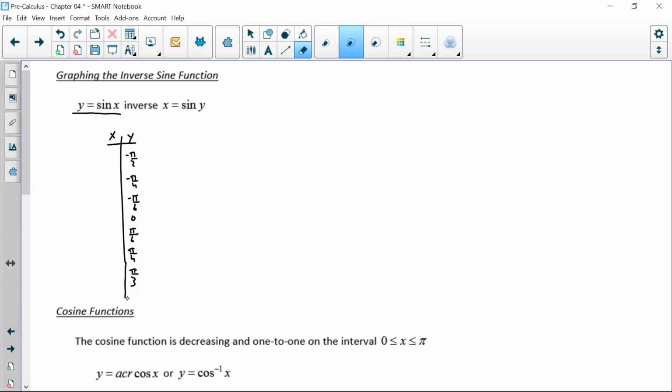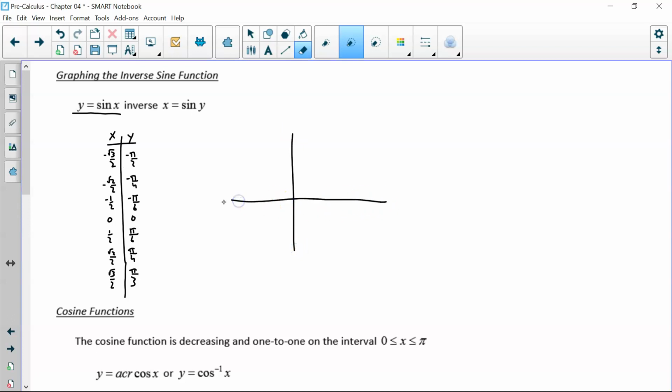I'm just putting those in for my y and my x values. When we're at 0, sine is 0. Pi over 6, we're at 1/2. Pi over 4, root 2 over 2, and then we have our root 3 over 2. Then at negative pi over 6, we're going to be at negative 1/2, negative root 2 over 2, negative root 3 over 2.